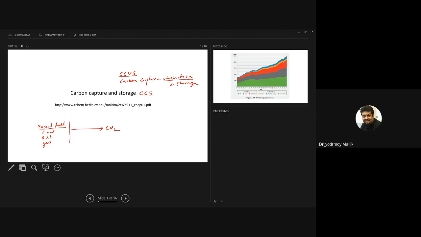And the adverse effect of carbon dioxide, I don't have to talk you through, simply because you know what it does. It is one of the primary greenhouse gases, and that has huge impact on global warming, right?